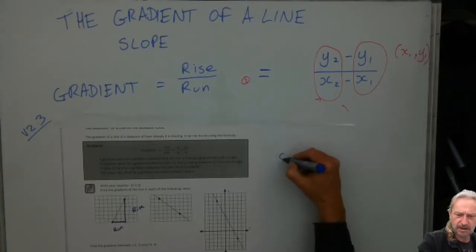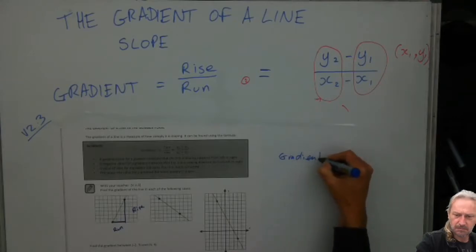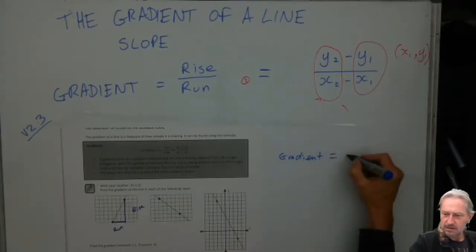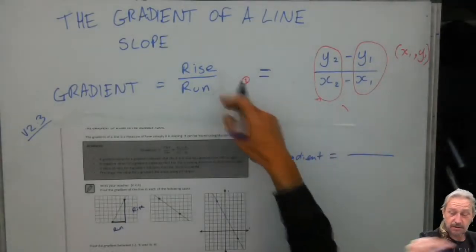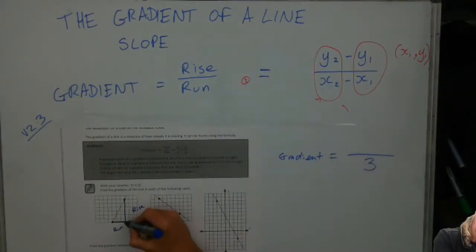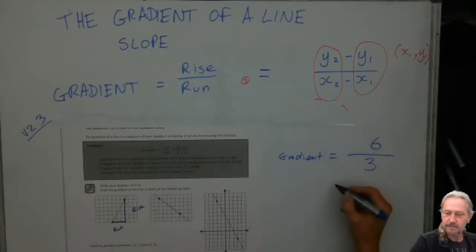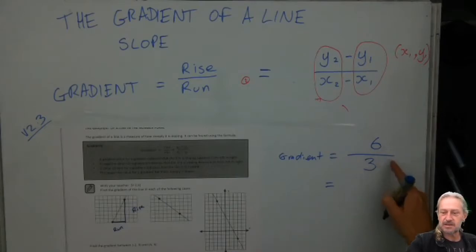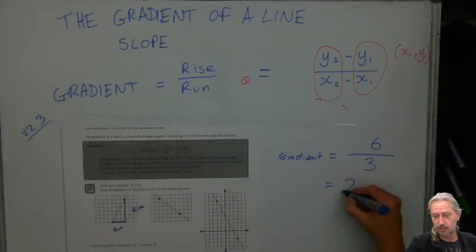So the gradient, if we go rise over run, the run is 3. I'll do that one first, and then we go up 1, 2, 3, 4, 5, 6, which is 6 divided by 3 is 2.